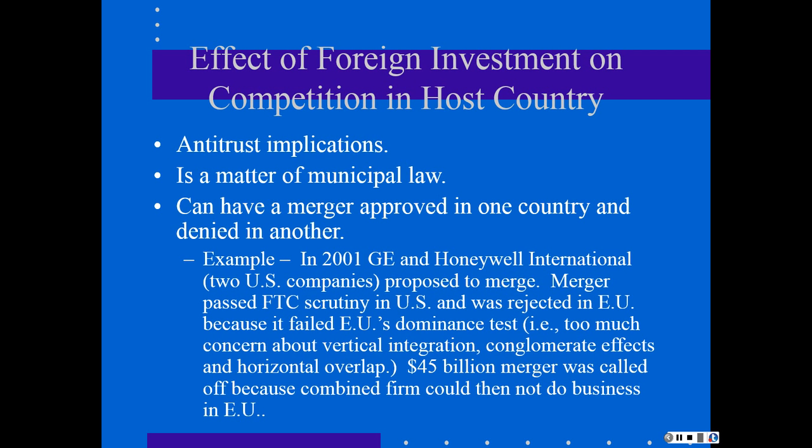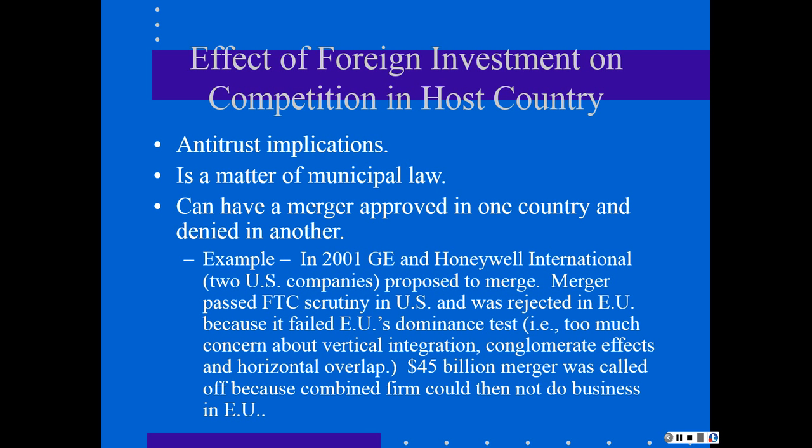The EU has stronger antitrust regulation than does the U.S. And if a U.S. company forms a subsidiary or does business through branch operations or a joint venture, then they're going to be subject to the antitrust laws of the foreign government.